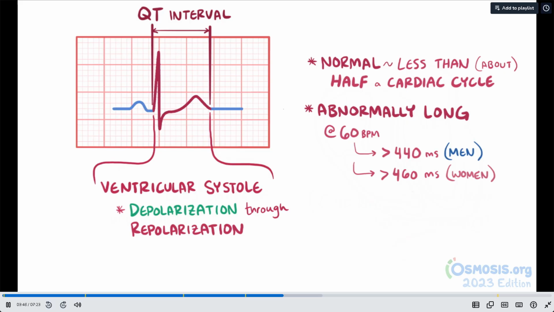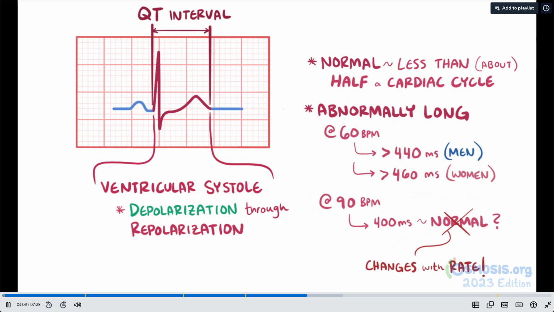Let's say that you measure someone's QT interval at a different rate though, say 90 beats per minute, and it ends up being 400 milliseconds. You might think that based on what we just said that'd be considered normal, but you can't really use this to compare to the values at 60 beats per minute, since the QT interval changes depending on the rate.